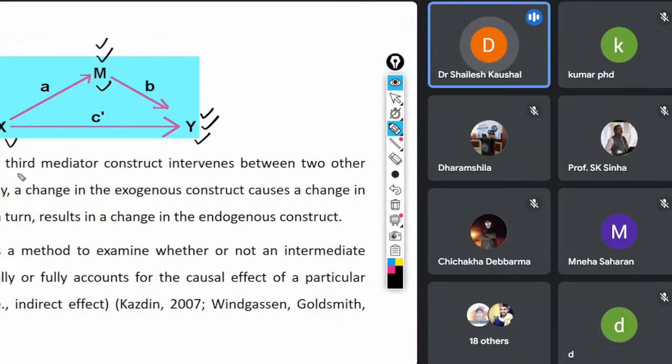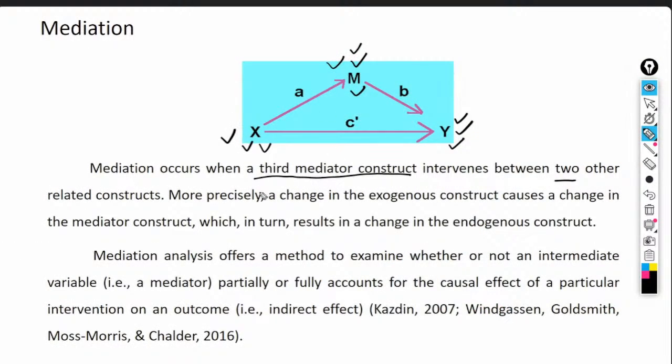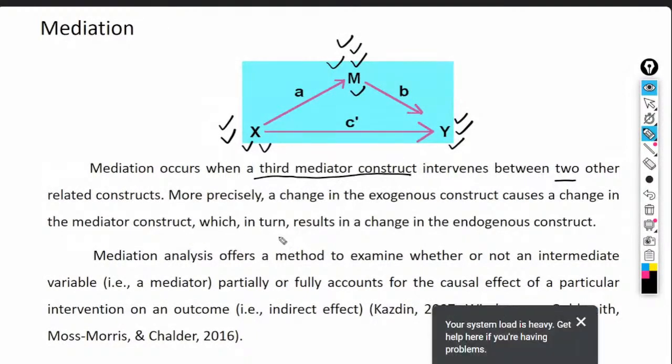So mediation occurs when a third mediating construct M intervenes between the two other related constructs X and Y. More precisely, a change in the exogenous, meaning independent, construct causes a change in the mediating construct, which in turn results in a change in the endogenous construct.